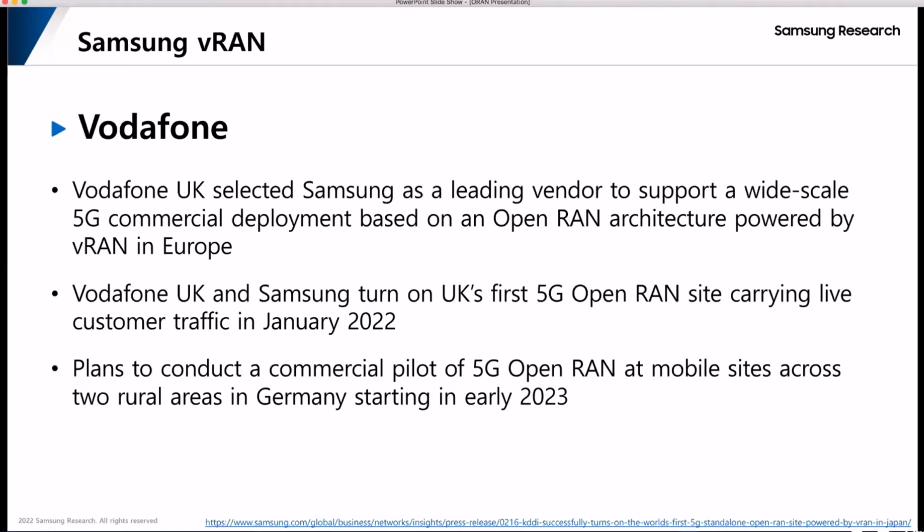And then in early 2023, they have plans to conduct a commercial pilot of 5G Open RAN at mobile sites across two rural areas in Germany. This will be the first deployment of Open RAN technology in Germany that is fully compliant with the specifications and roadmap endorsed by the leading mobile operators in Europe.